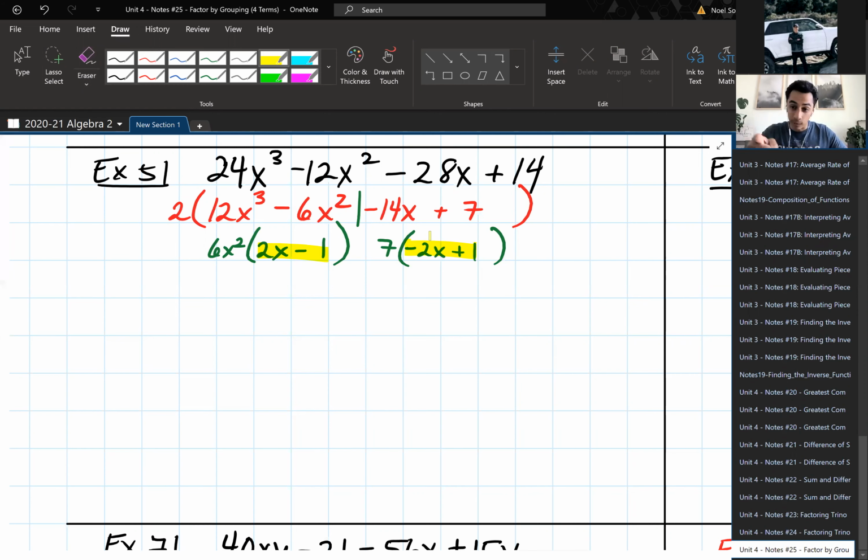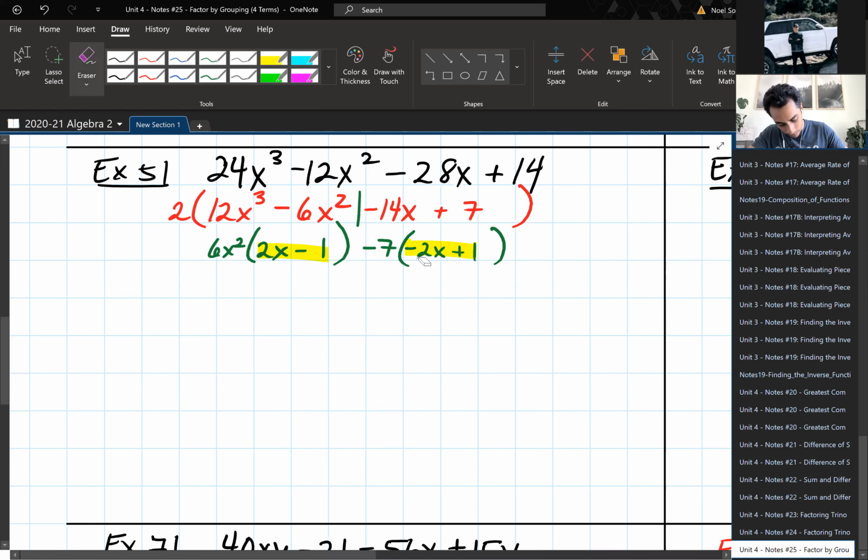No, right? So when you get to this part and you realize, oh, wait, those are not the same, that means I've maybe made a mistake. You see the checking process for yourself. So that's how we know that, yep, we were supposed to have factored out a negative 7, because that turns this into a positive 2x and this into a negative 1. And now they do match, 2x minus 1 and 2x minus 1, correct?